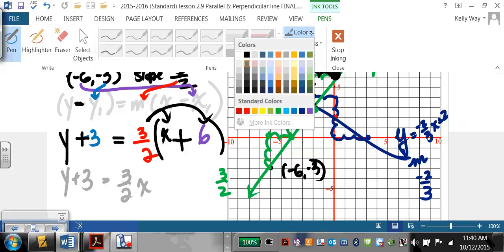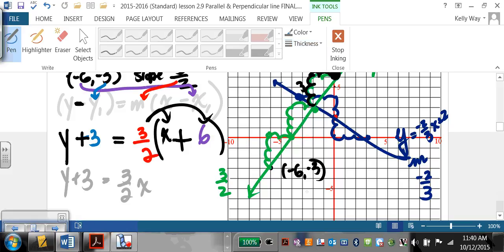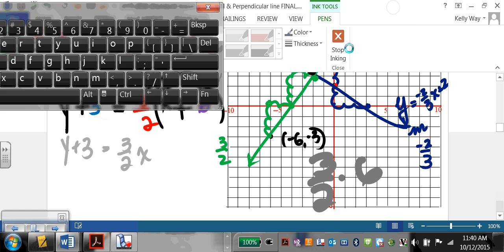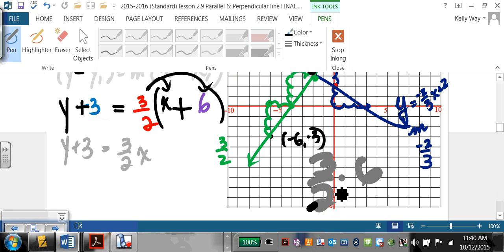For those of you who need to see what 3 over 2 times 6 looks like, it's right here. 2 goes into 6 3 times, so this becomes 9.